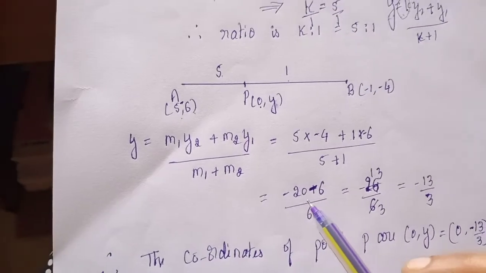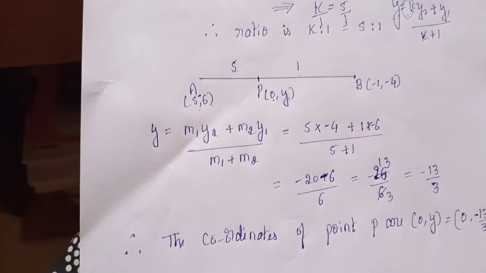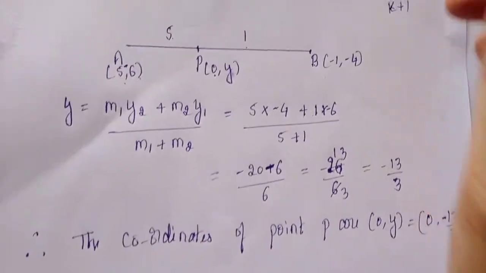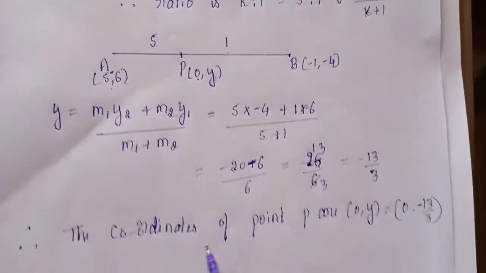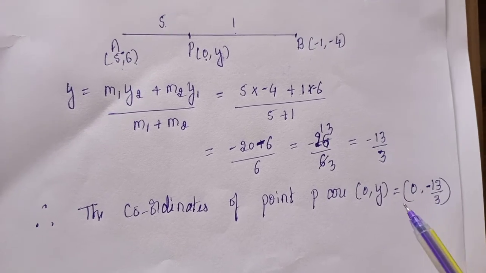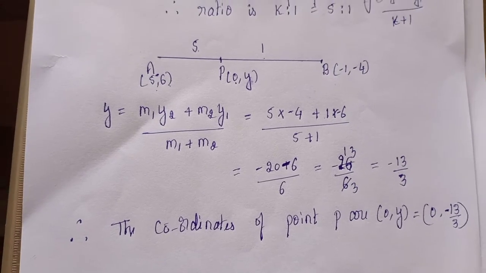Simplify, we get minus 20 minus 6 divided by 6, that is minus 13 by 3. So what are the coordinates of the point P I got? The x coordinate is already 0 from the question and the y coordinate is minus 13 by 3. Therefore 0, minus 13 by 3 are the coordinates of the point P.